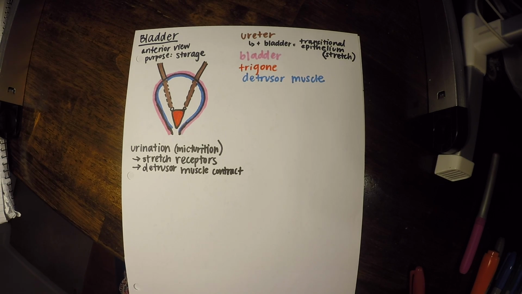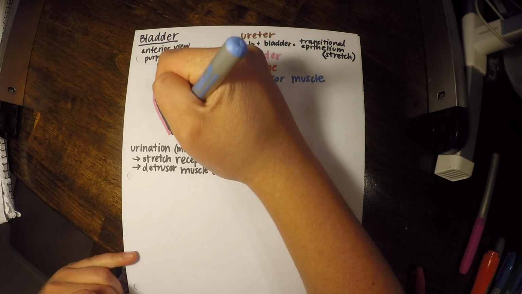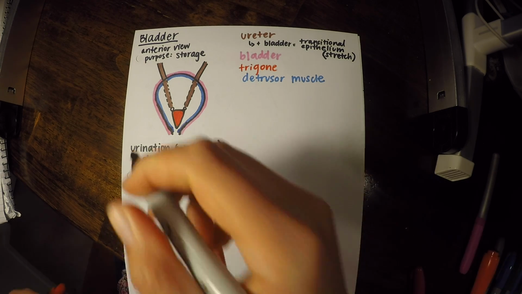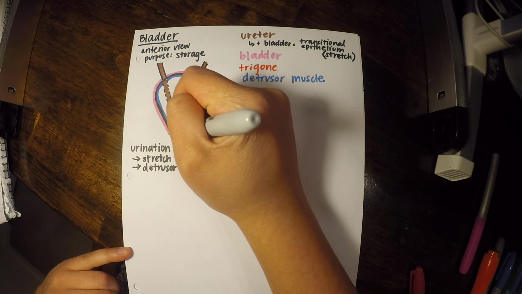And then we have a few other important muscles that I want to point out. We're going to have two different sphincters. So I'm going to draw them both out for us.